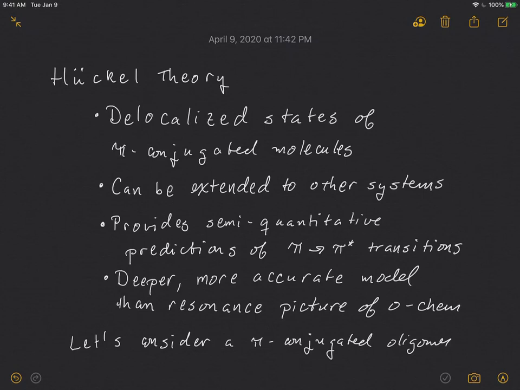Okay, so this next lecture video is on Huckel theory. This is a theory that is applied to delocalized or pi conjugated states of various molecules where you have alternating single and double bonds.